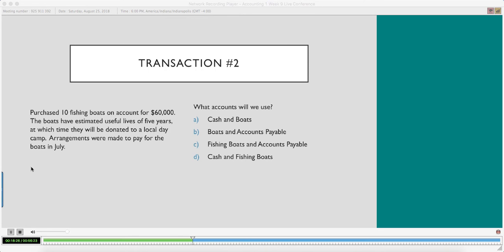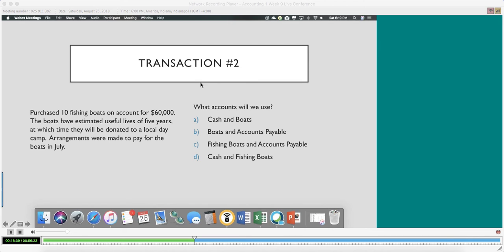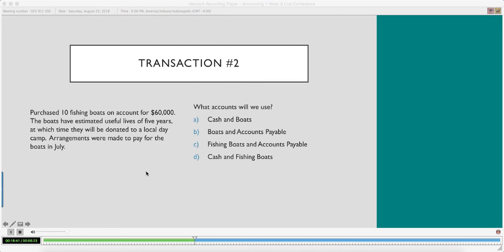We got two answers, three answers, one answer to go. Exactly. Great job. Again, we have to go back to the chart of accounts. Since the chart of accounts does not say boats, we're going to use fishing boats.